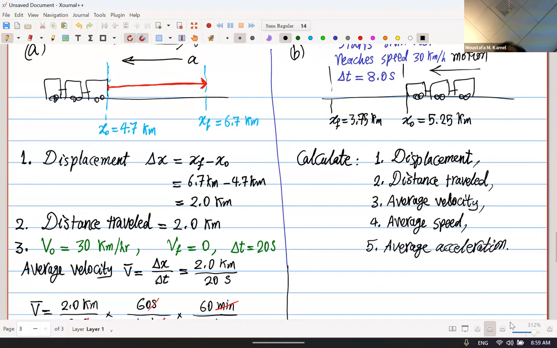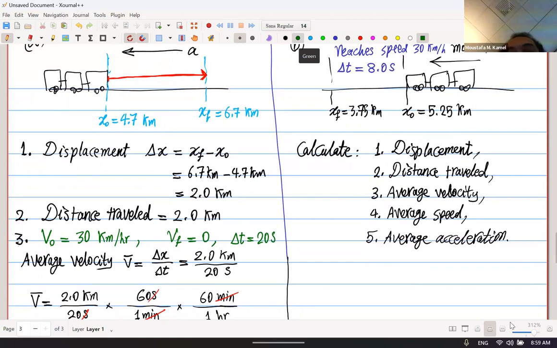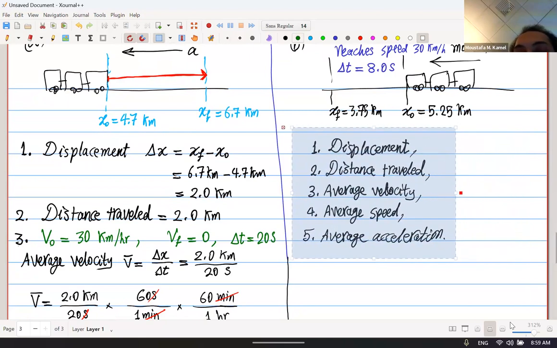Okay, so I will write down the final answers for the question and see if you guys got the same answer. So for displacement, I just need a little bit more space, so I will move this.